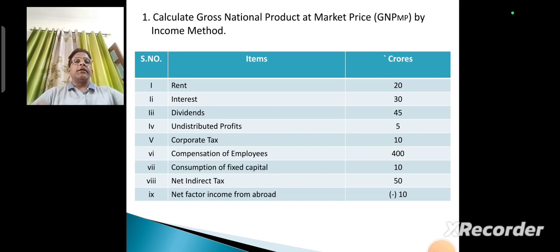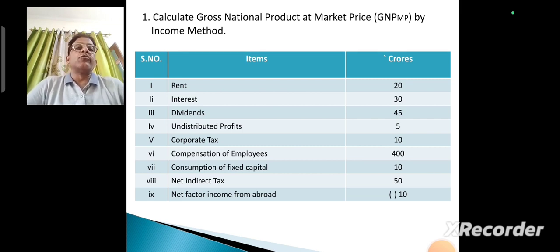COE has been given as one head, so 400 is there. Operating surplus is not given in full, so you have to combine it. Put up a bracket in which you write rent, interest, royalty, which is not there, so to be taken as 0, but the 3 components of profit have been given: undistributed profit, corporation taxes, and dividends.